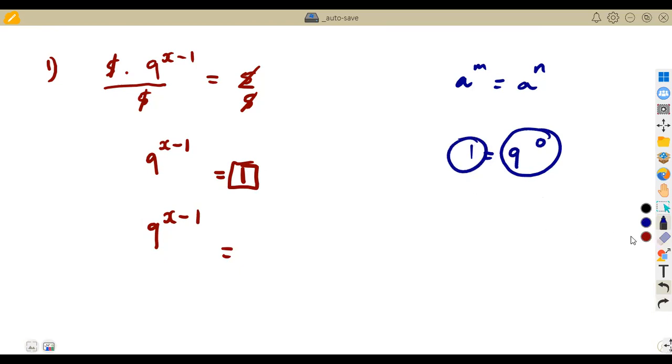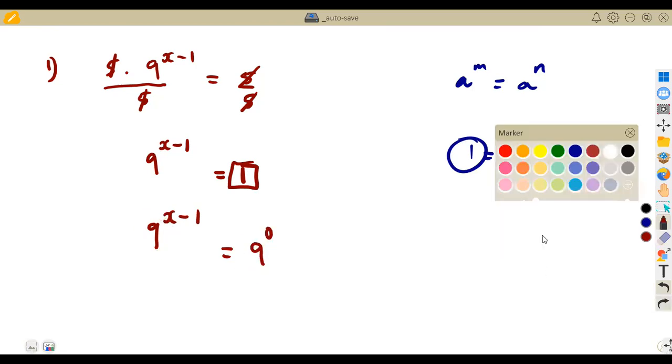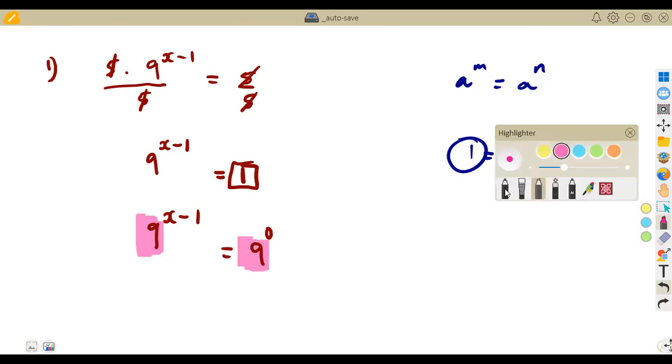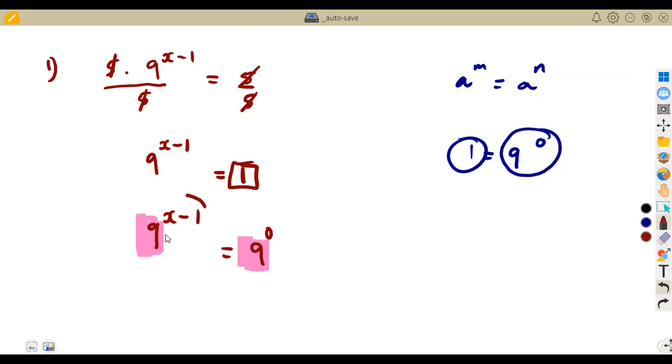What we want is to have it in terms of 9, so that we consider our last part that we talked about: if the base here and the base here are the same, what does it mean? It means the exponents will be equal. So automatically x minus 1 must be equal to 0.